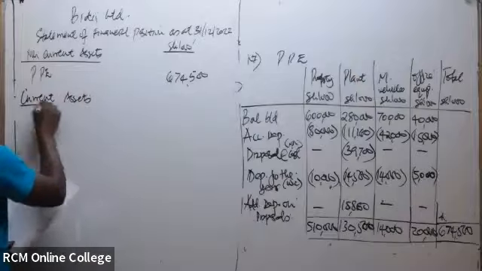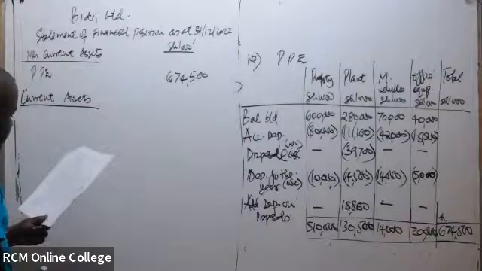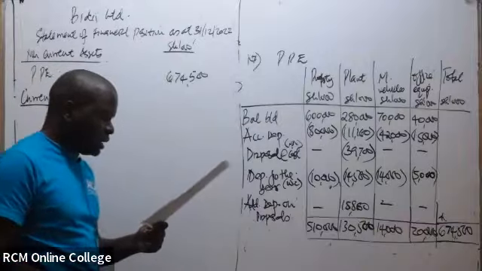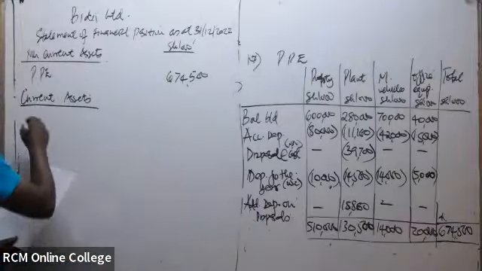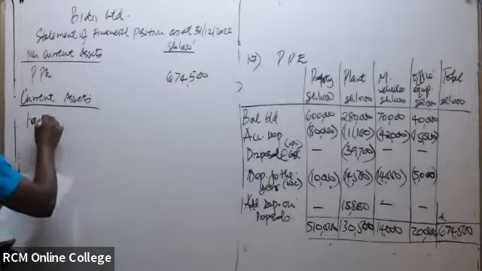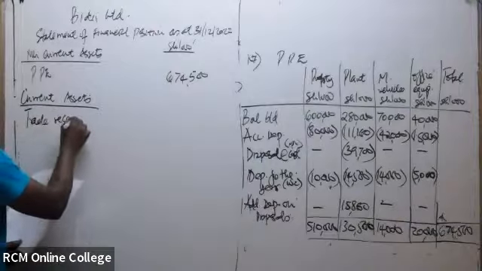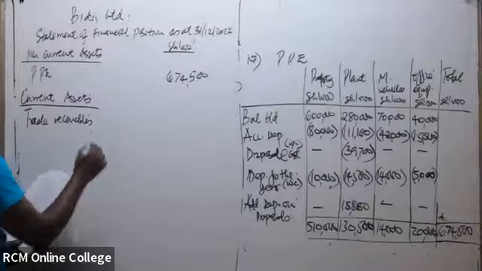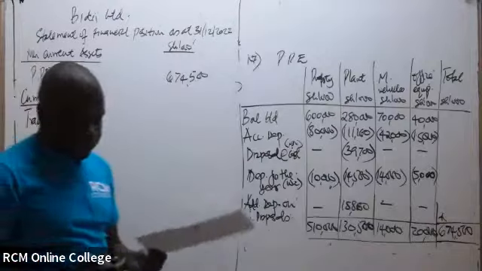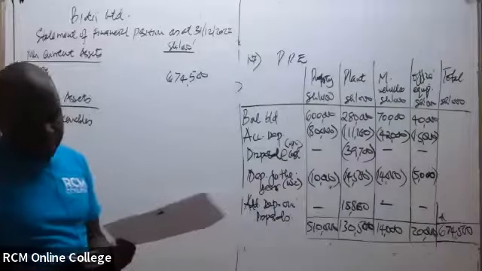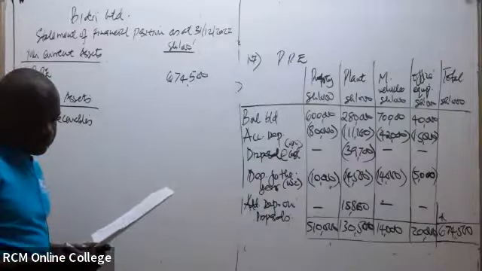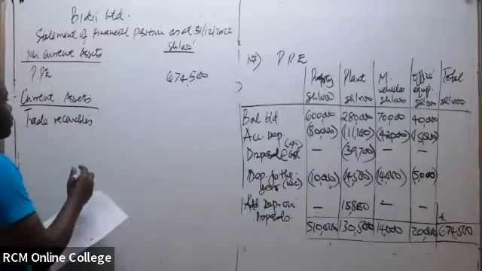So for the current assets, also check the debit side of the trial balance. So in this case, we can see trade receivables of 74,500. So you have in this case trade receivables of 74,500.